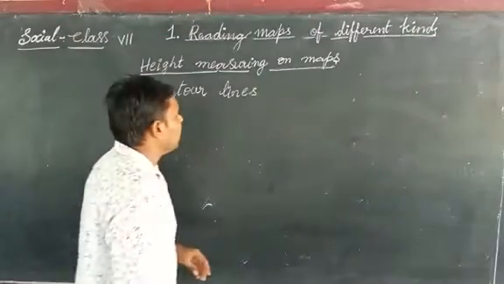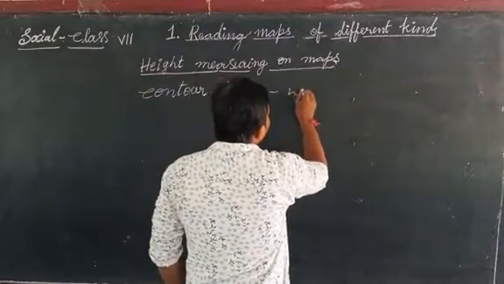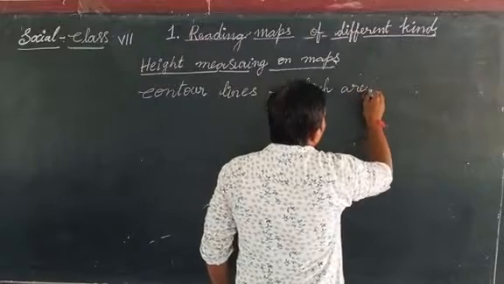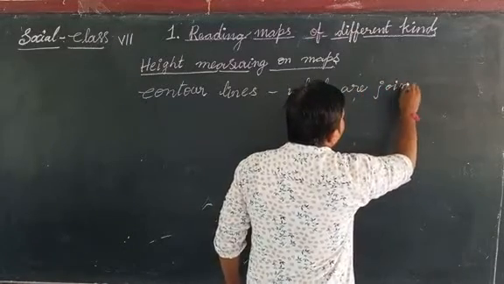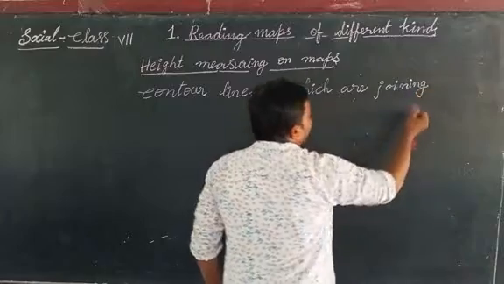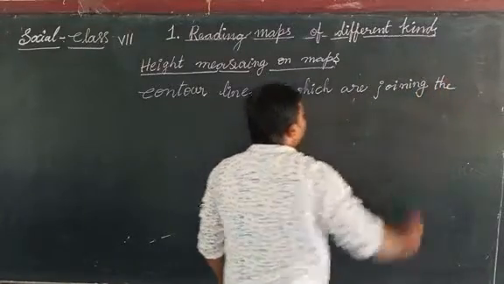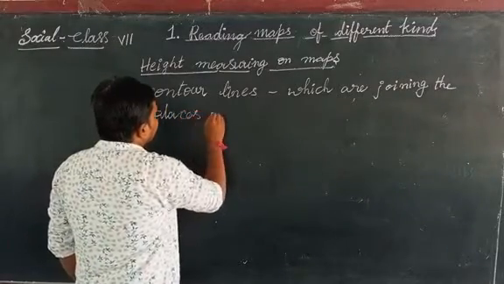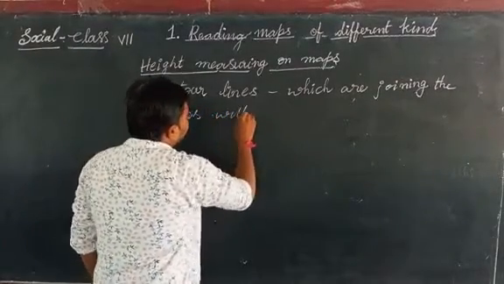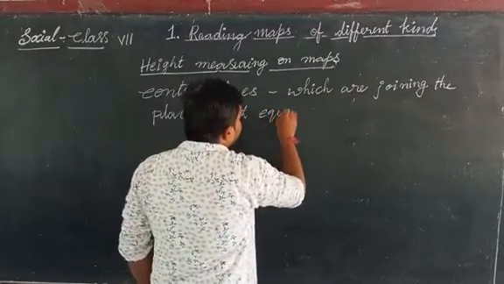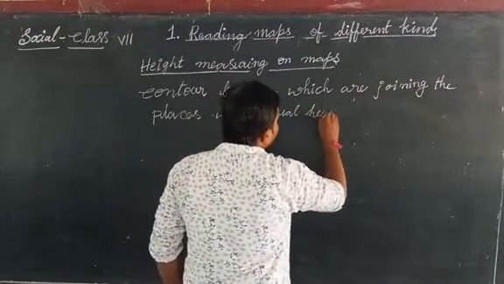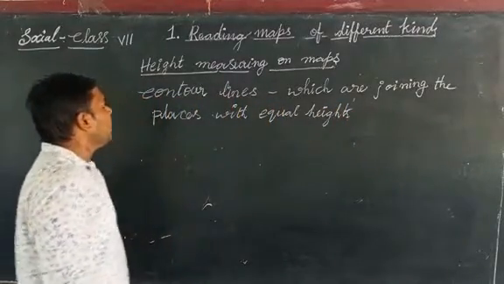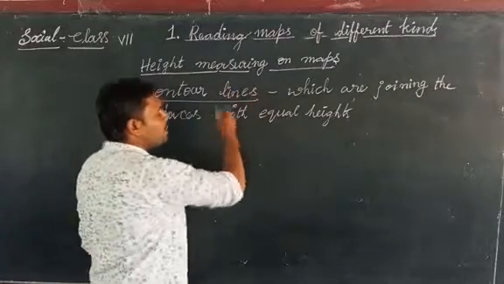Contour lines are the lines which are joining the places with equal heights. Okay. How can we draw the contour lines on maps?